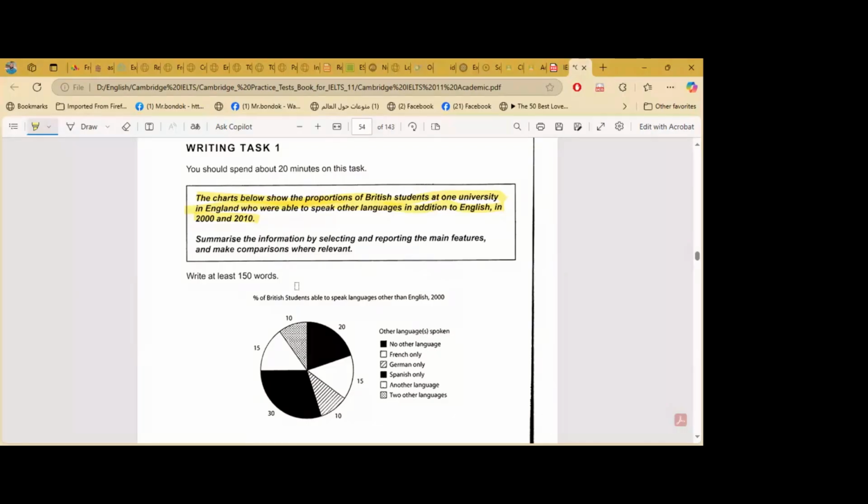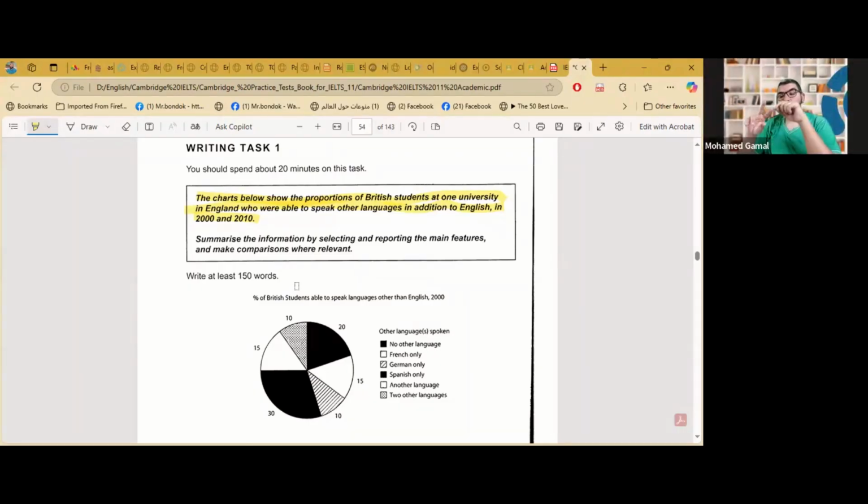So here I have two, let's say, inappropriate or inaccurate pieces of information. Can anybody name them? Ms. Fatoum said it's students in British universities who are speaking other languages. So we have two inaccurate pieces of information here.